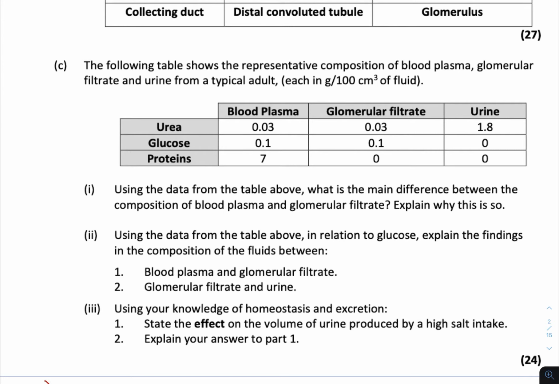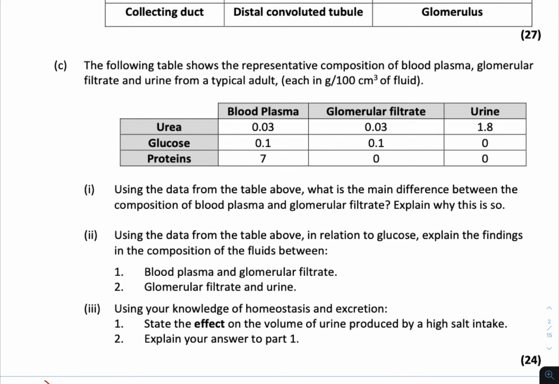So from part I there, using the data from the table above, what is the main difference between the composition of blood plasma and the glomerular filtrate? Well, I suppose if you're looking at it, it's fairly obvious that protein is the main difference. Okay, and you're going to be asked why.